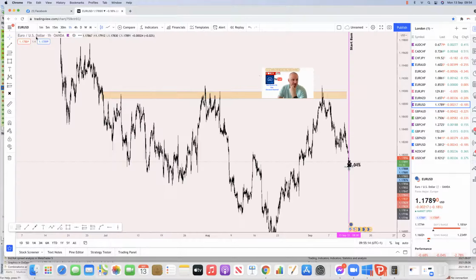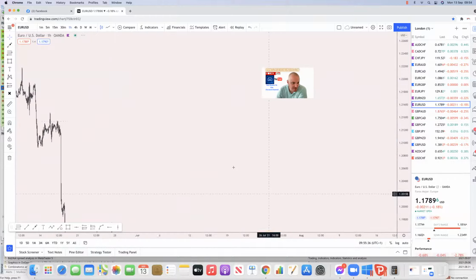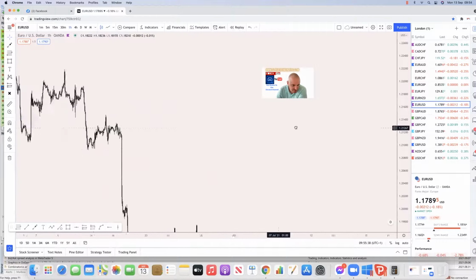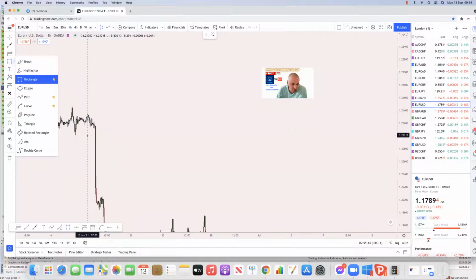Again, if we do eventually get, instead of this pushing down from this area, a push back up, if we get a break through this area, a push out, we could then get a retest, and then eventually we would start looking at these sort of areas here long term.